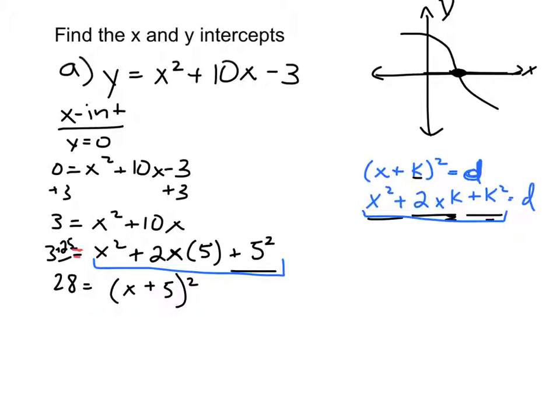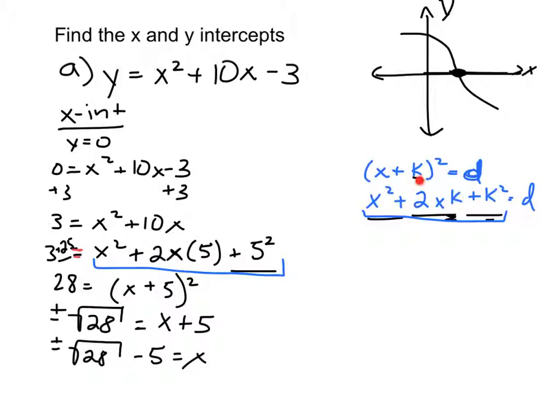Now I need to use the square root method to solve this. So I'll have plus or minus the square root of 28 equals x plus 5. If I solve for x, I'd have x equals plus or minus the square root of 28, minus 5. Now, I really ought to simplify this.